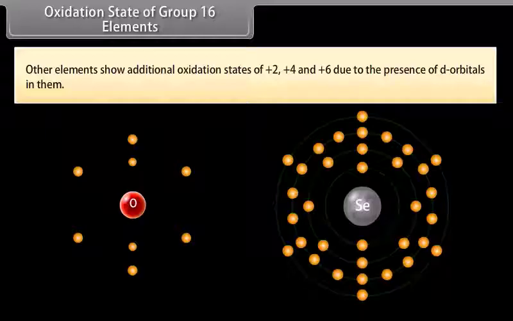Other elements show additional oxidation states of +2, +4 and +6 due to the presence of d orbitals in them.